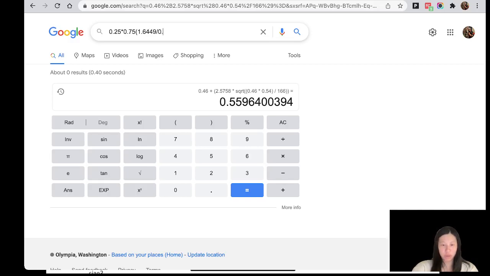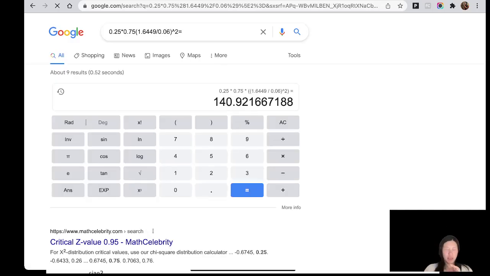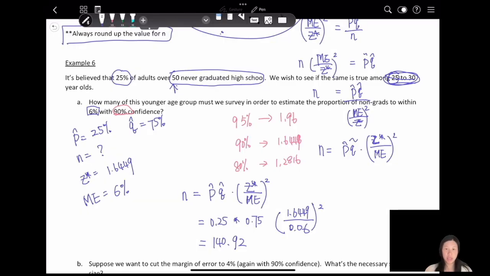Divided by 0.06, and then square, equals... here we are, it's equal to 114.92. Remember, our n is always rounded up. In this case, we don't need to struggle over whether to round up or down, because 0.9 always rounds up.